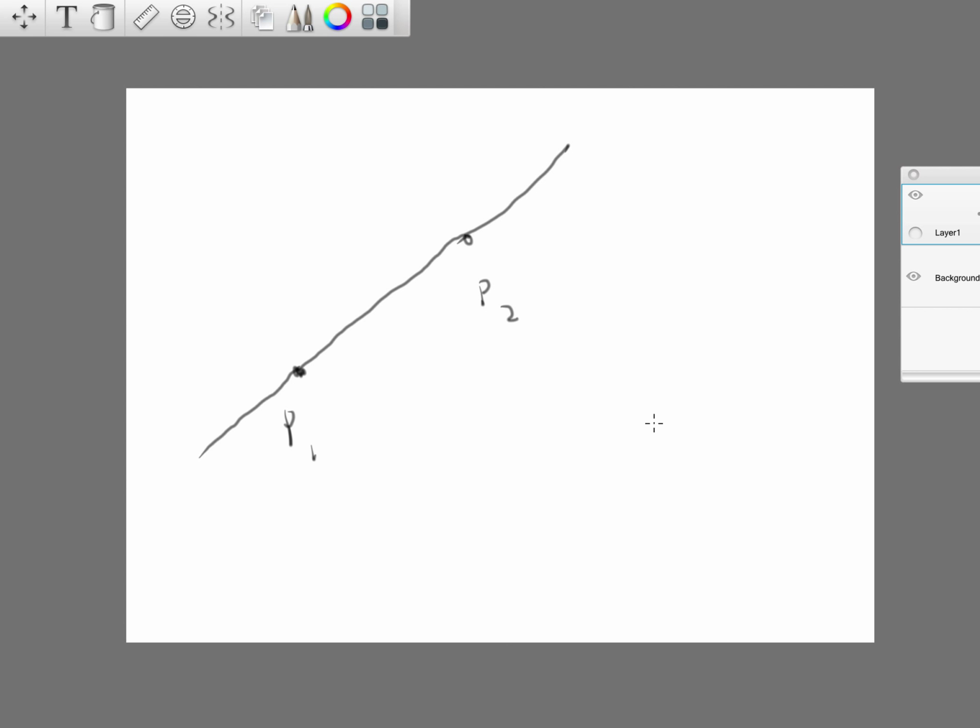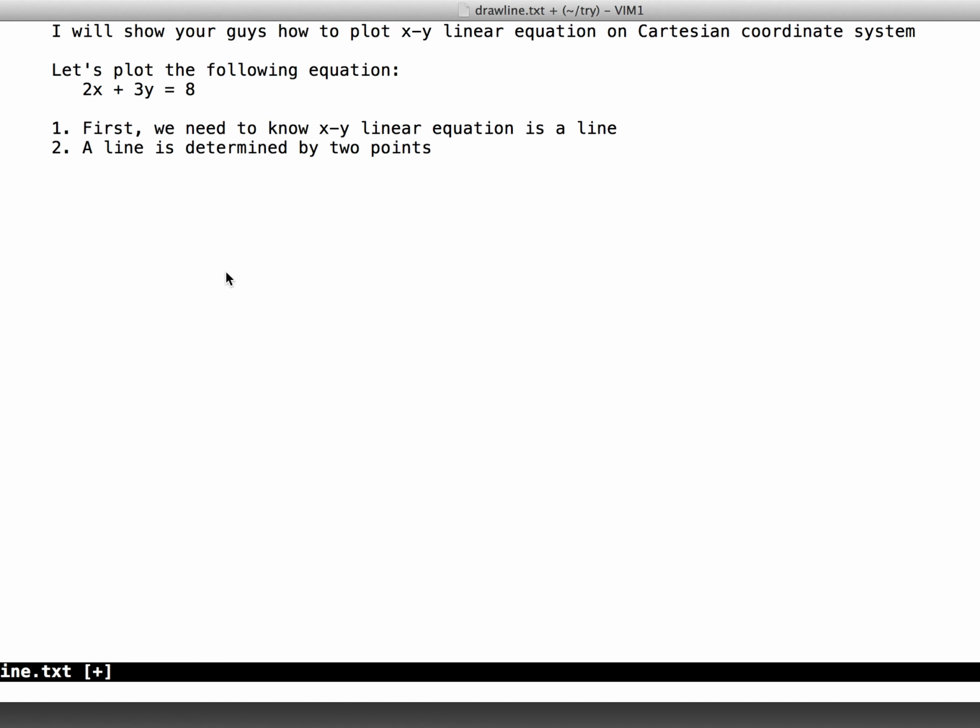But if we only have one point like P, we can draw many lines, right? So 2 points determine a line. This is very important information.